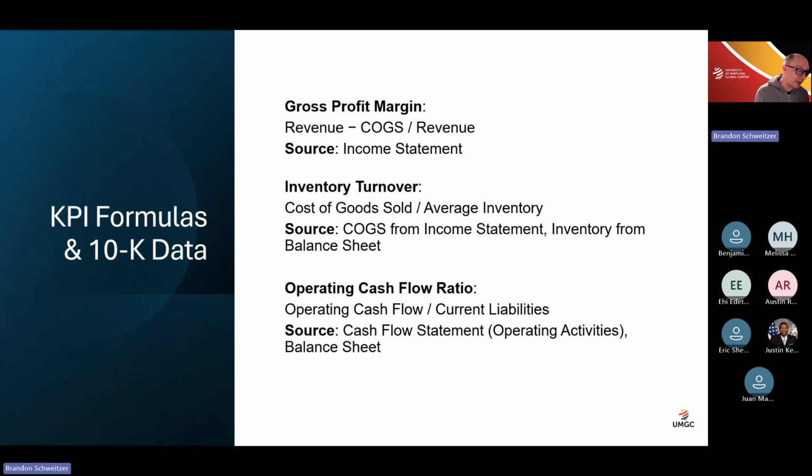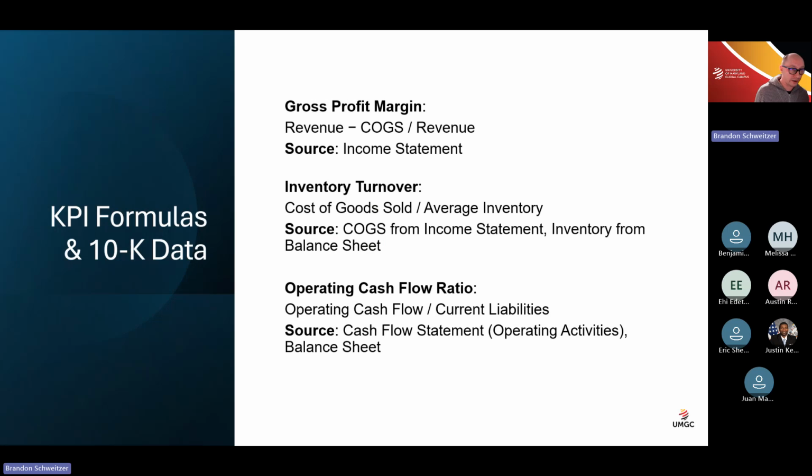Now, remember, your beginning balance is the same as your ending balance from the prior year. So beginning balance plus ending balance divided by 2. That's going to get you your average inventory. So cost of goods sold divided by average inventory gets you your inventory turnover ratio.